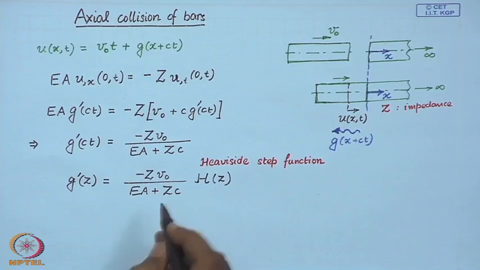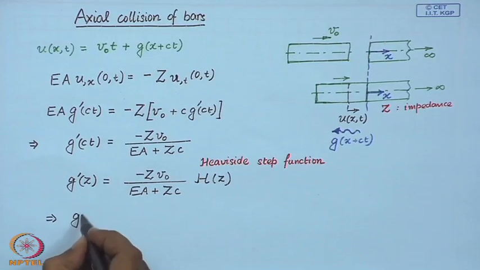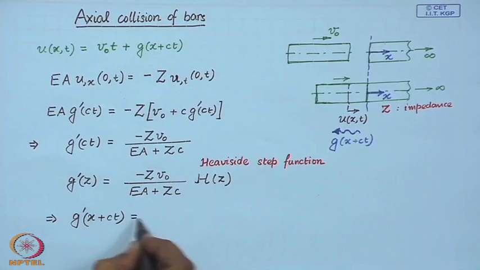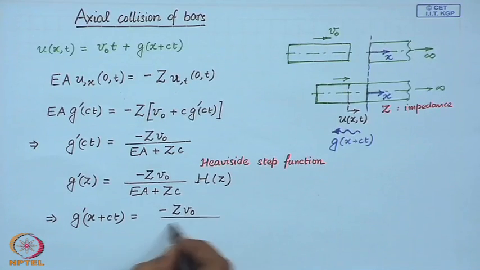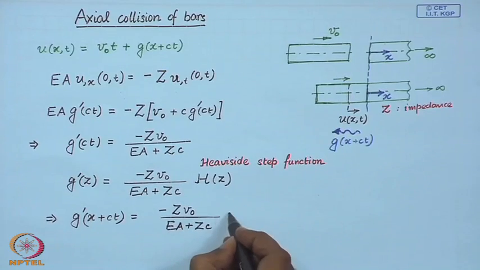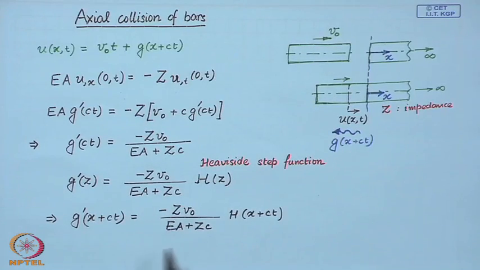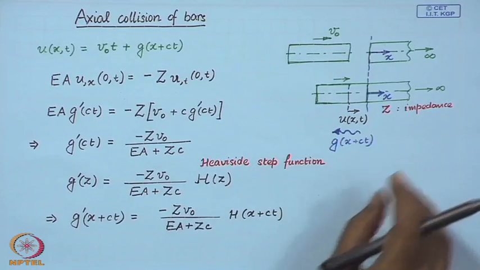This is to take care of the causality of this process. Therefore, this is the derivative of the wave that propagates in the negative x direction.